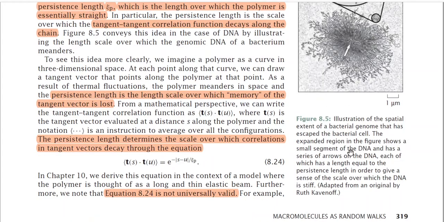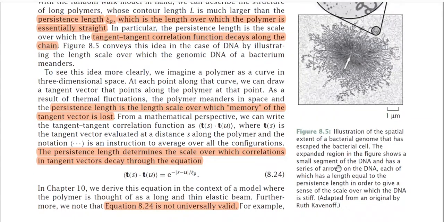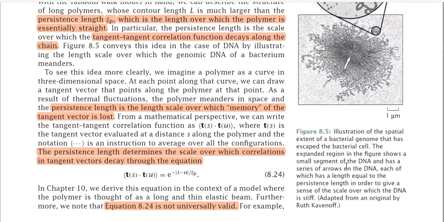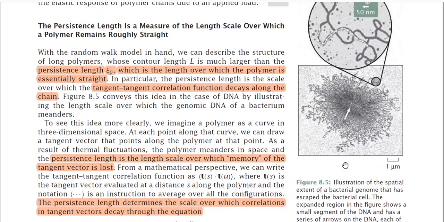The expanded region in the figure shows a small segment of the DNA and has a series of arrows on the DNA, each of which has a length equal to the persistence length. So, the length of each arrow is equal to the persistence length, in order to give a sense of the scale over which the DNA is stiff. So, in this particular length the DNA is stiff. So, these are basically the persistence length of the DNA.